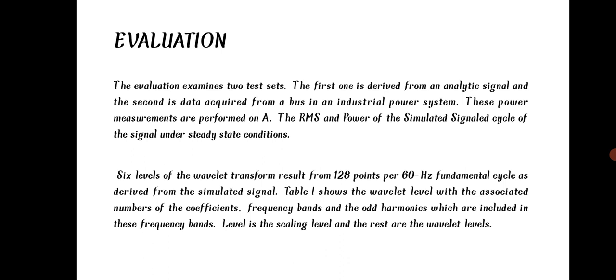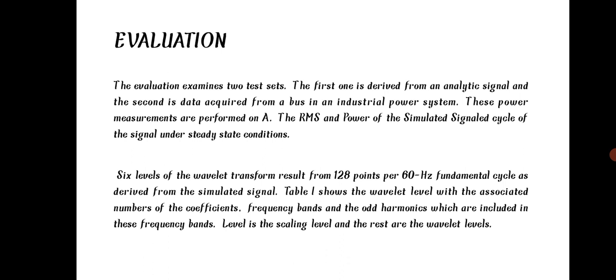These power measurements are performed on the RMS and the power of a simulated signal and cycle under steady state conditions. A six-level wavelet transform results from 128 points for a 60 hertz fundamental cycle derived from the simulated signal.